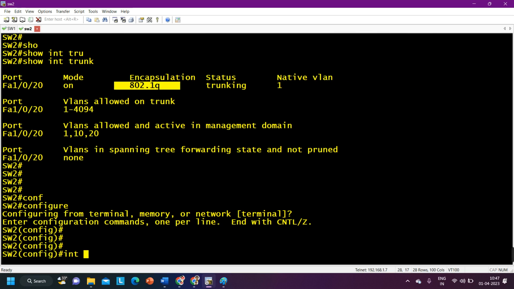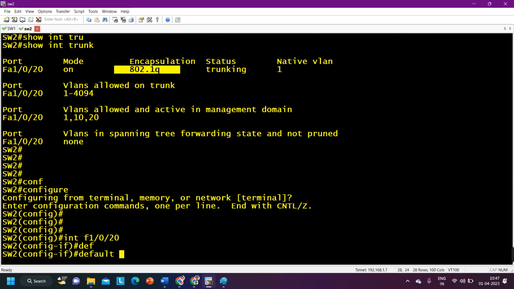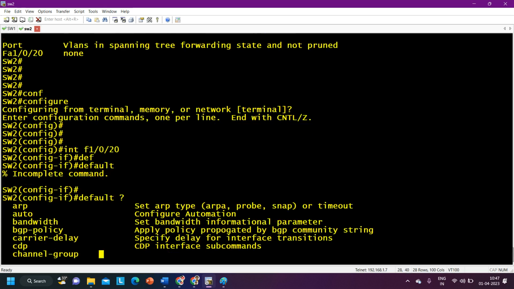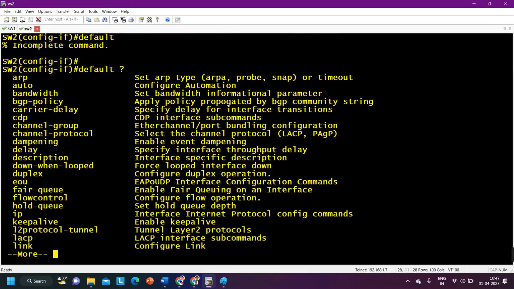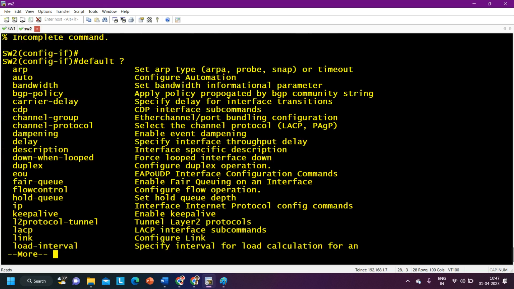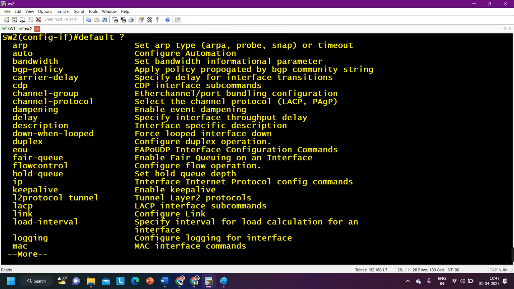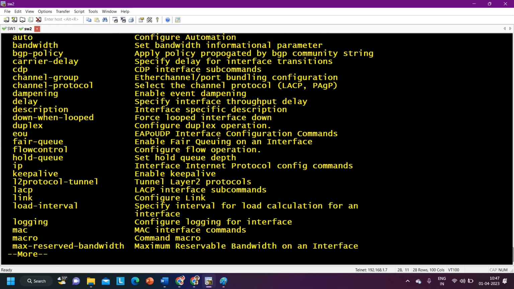Now I am going to enable DTP again. Interface f1/0/20. There is one command like default. What command will I run over here?